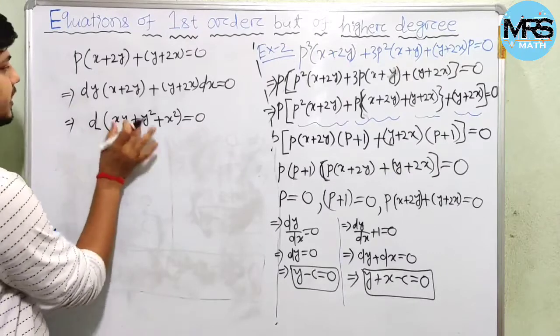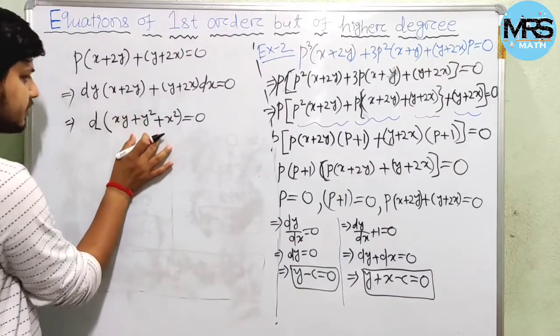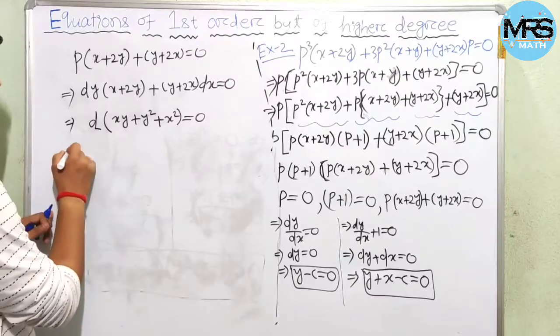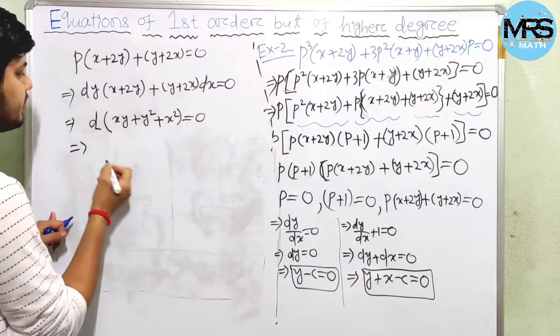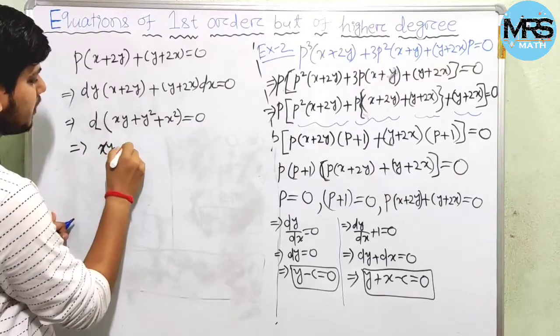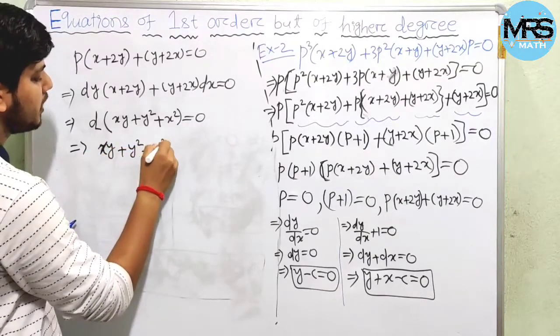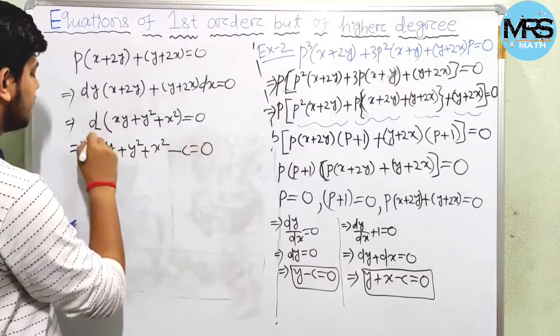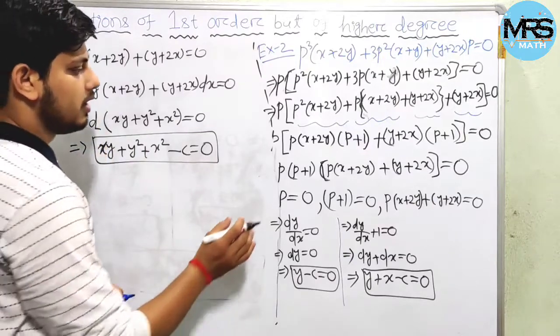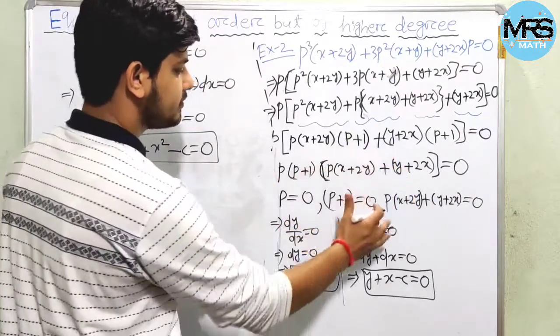So it will be easier to integrate. What you get while integrating is xy plus y squared plus x squared minus c equal to 0. Okay students, now we got the solution of each term.